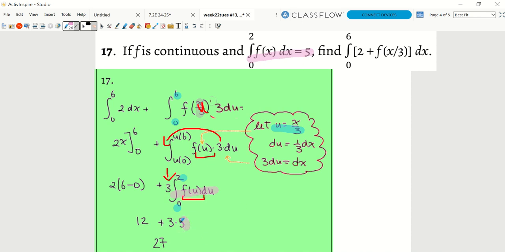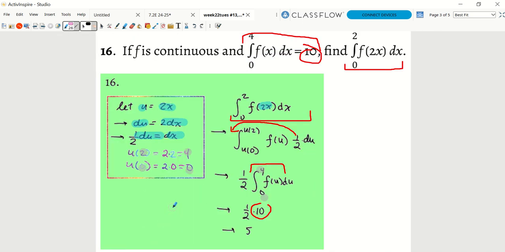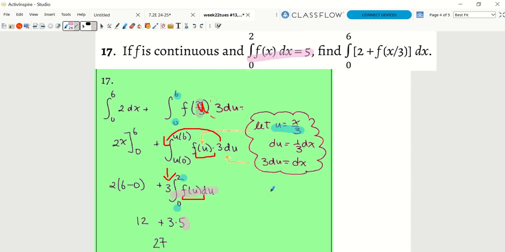It's 5, and you just evaluate the easy expression here. So that's 17. For 16 and 17, you basically just do a u substitution, and you end up coincidentally getting what's given. It's not a coincidence because they set it up so that that coincidence, quote unquote, will happen.